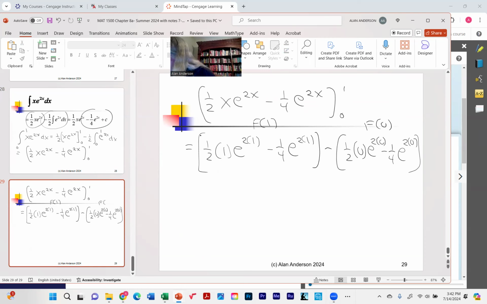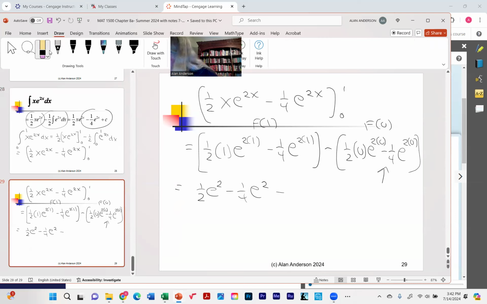This is f of 0. So what do we have? 1/2 e squared minus 1/4 e squared. This is all just 0. Oh, actually, no, it's not. Sorry. The first term is 0. The second term is 1/4. E to the 0 power is just 1.